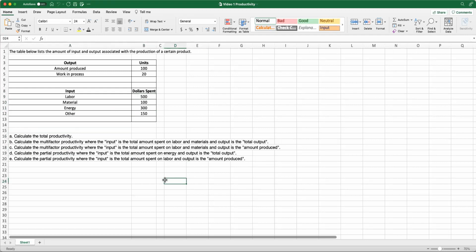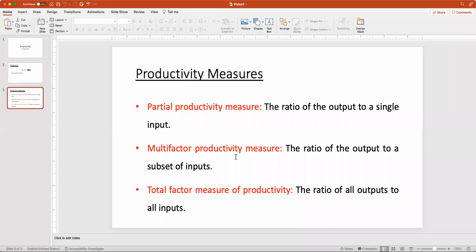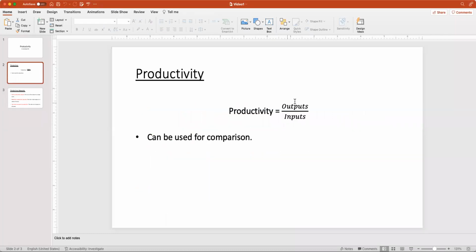So the first one that we are going to analyze is the total productivity or total factor productivity. So to be able to calculate this, if you remember our formula, right, output to input.